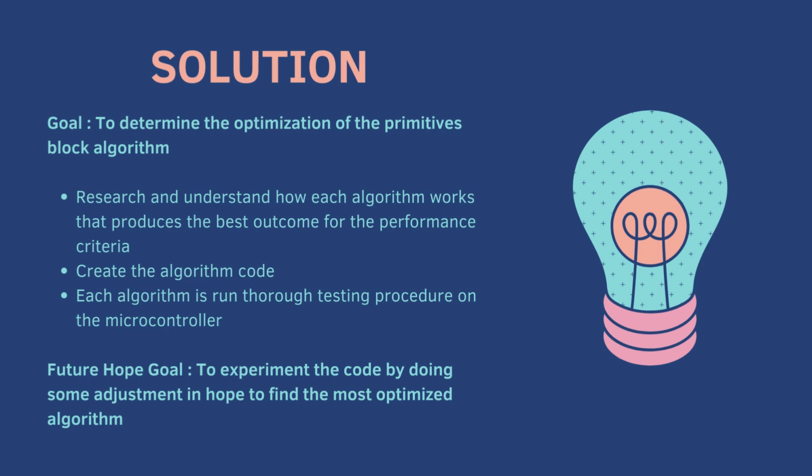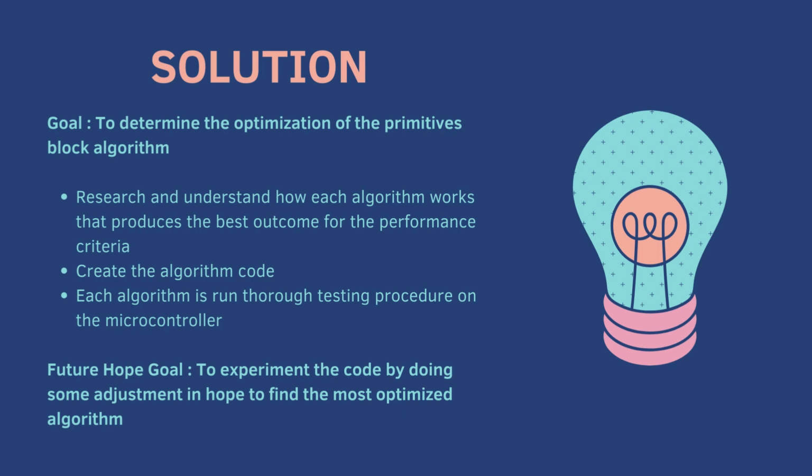Next, we will create each of the algorithm code that are used in this research. And finally, every algorithm is put through a testing procedure using Visual Studio Code and the microcontroller itself to see which one of the algorithms uses the least amount of code space, processes data the fastest, or uses the least amount of RAM.